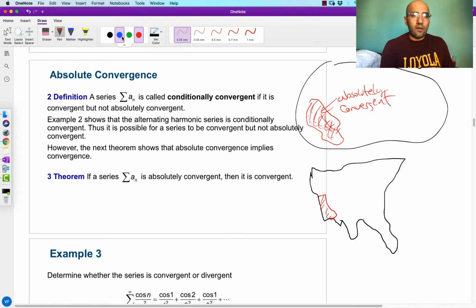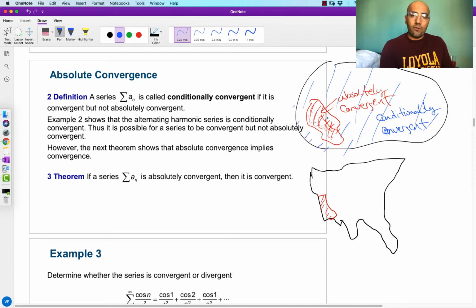And in fact, if you're on the outside of that, there exist things that are out here that are conditionally convergent. You're conditionally convergent if you are definitely convergent, but not absolutely convergent.